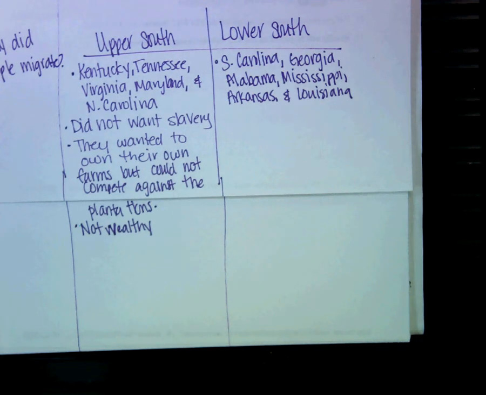So a lot of people who were in this area wanted to have that wealth, but they couldn't buy the land that was there. So they had 1 or 2 slaves, and their dream was to have those gigantic plantations with hundreds of acres of land and hundreds of slaves and make all that type of money that way. So the people from the lower South were coming to Texas to start plantations.